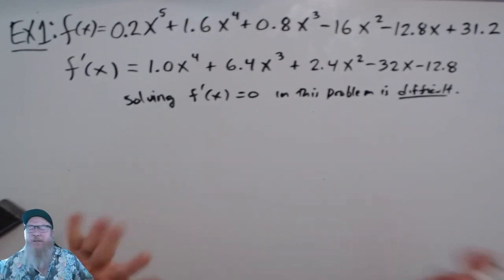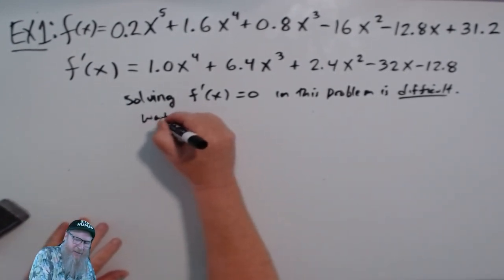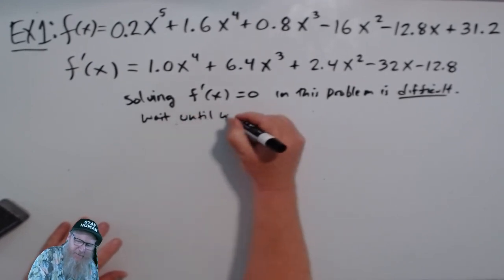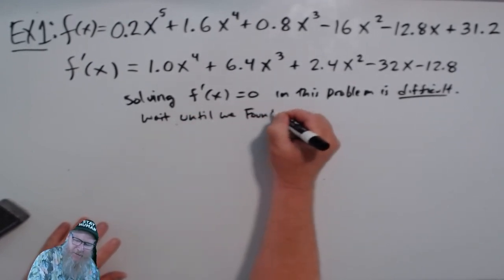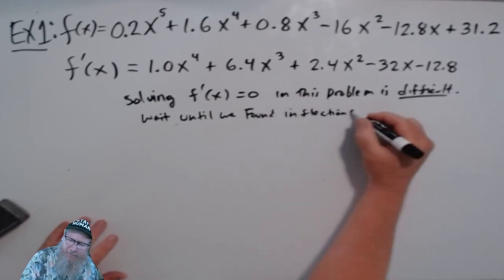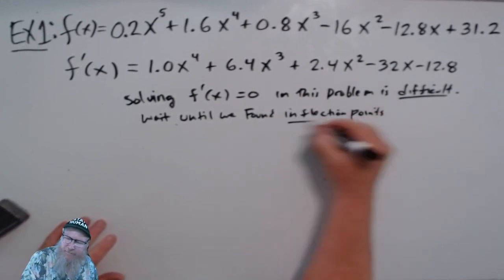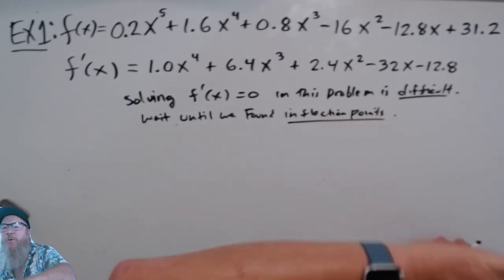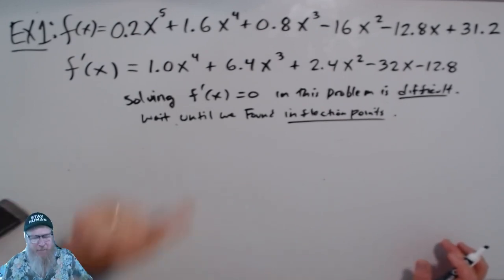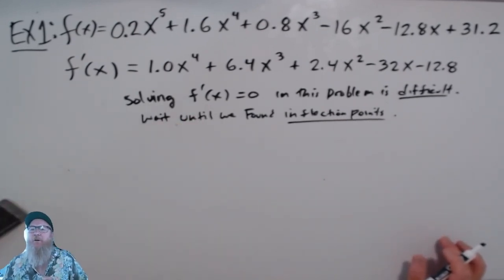So what we're going to do is wait until we've found the inflection points. We'll keep going, skip through the critical values, and come back and solve this later after we have more information.